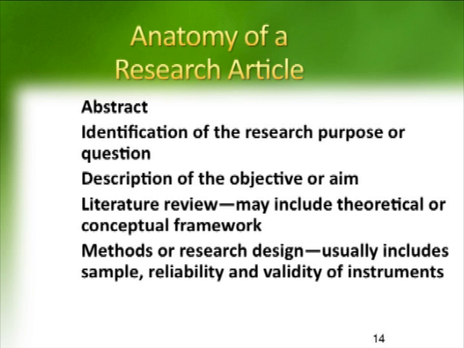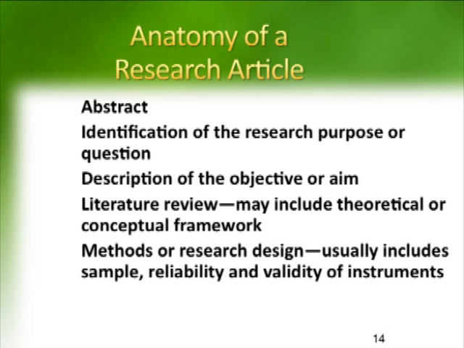But in the research article, you should have some research purpose or question, or a description of the objective or the aim of the research. It also should include a literature review, which is what is known and what is not known about the particular subject. In our case, it's yellow gowns.